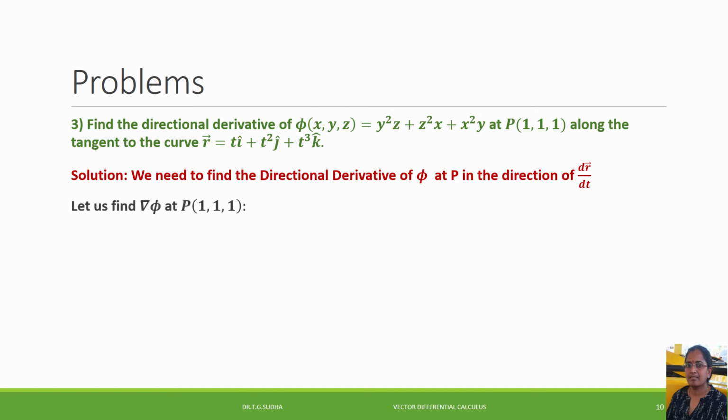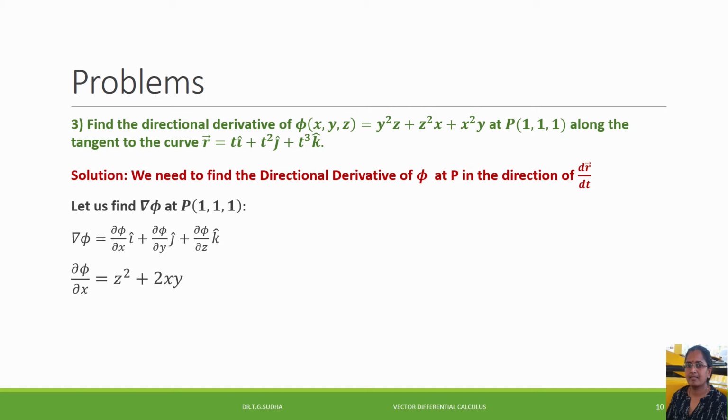So let us first find del phi at P. For that we need to find the partial derivatives of phi with respect to x, y and z. First let us put down the expression for del phi, that is dou phi by dou x into i plus dou phi by dou y into j plus dou phi by dou z into k.